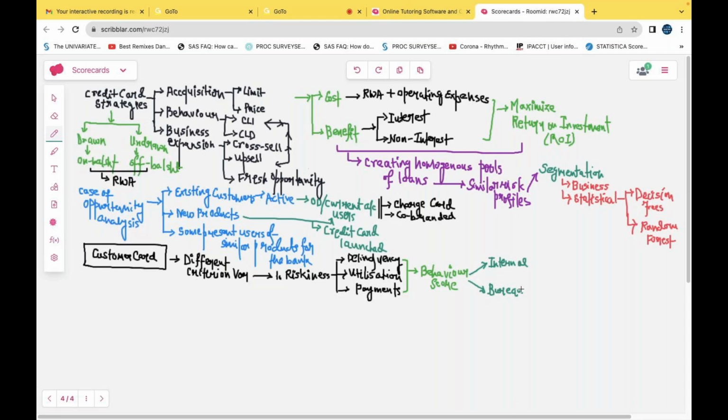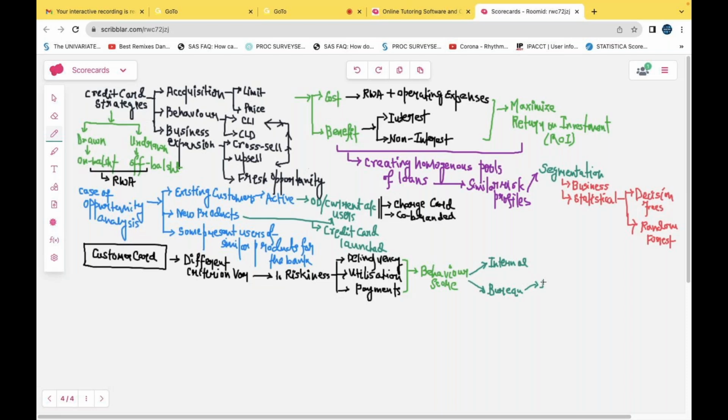So this is the reason why whenever we are first trying to split a data, we choose behavior score as a candidate segmentation variable, because this score gives you an insight about the riskiness of the borrower. So you can capture delinquency, utilization, payments, and other variants of this in this behavior score. Now, the problem with the bureau score is that it is non-transparent.